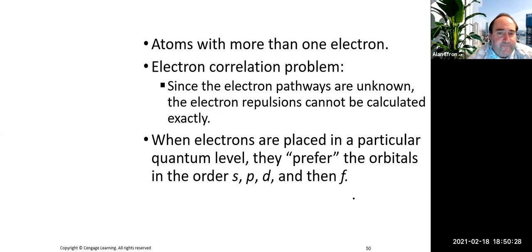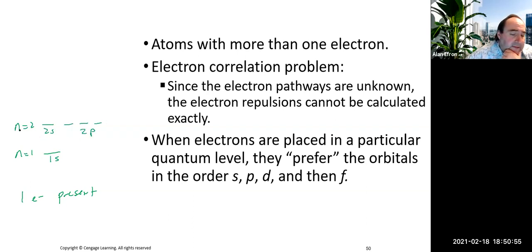When only 1 electron is present, like in hydrogen, all the orbitals are equal in energy. So what I mean is, if you go to the second energy level, the p orbitals and the s orbitals are identical in terms of energy.